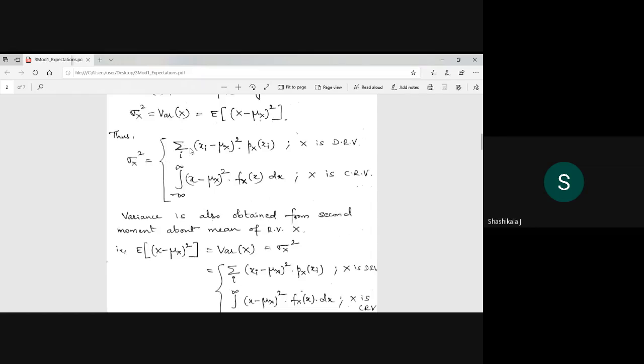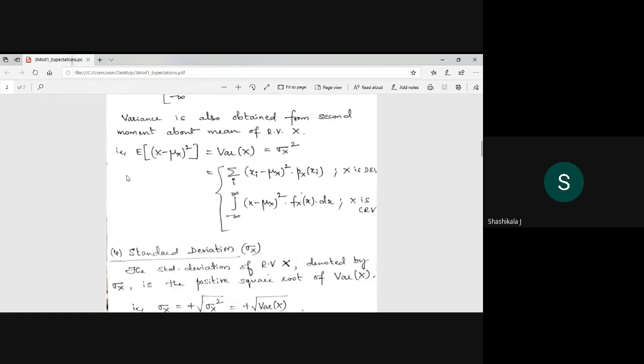Whenever it is discrete we use probability, and whenever it is continuous we use the PDF. Variance is also obtained from the second moment about the mean. You have to remember this formula. So sigma x square is the same as E of x minus mu whole square.